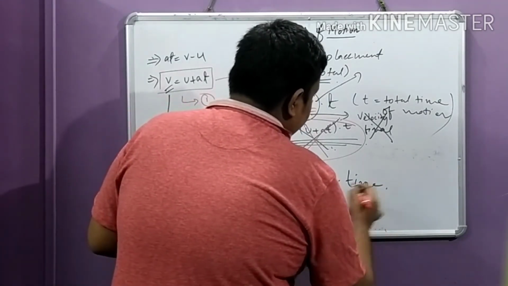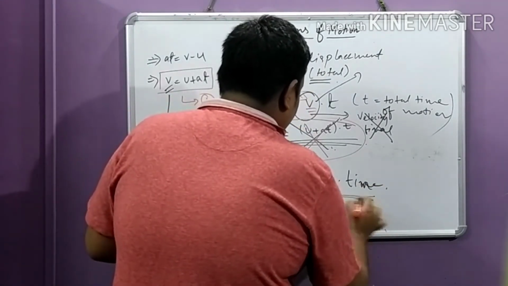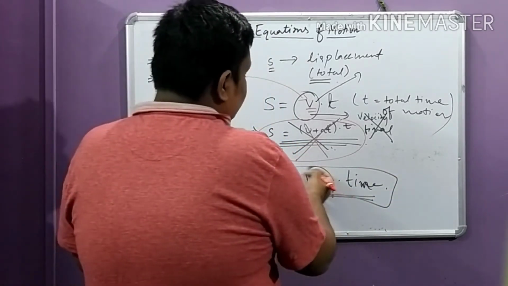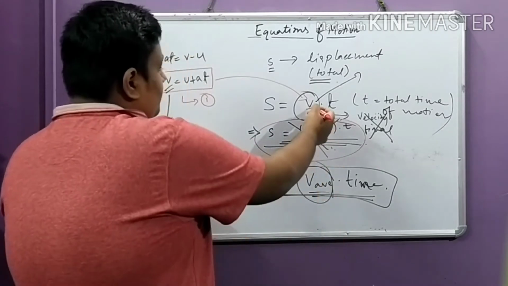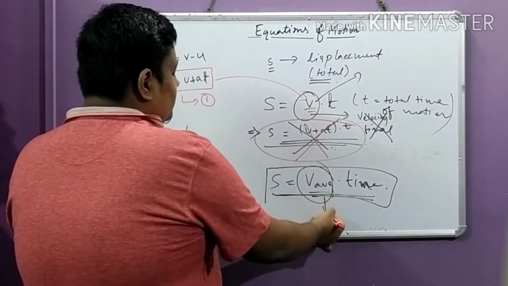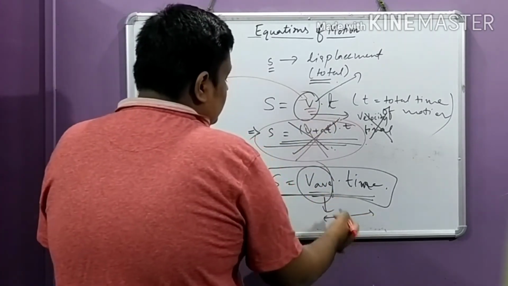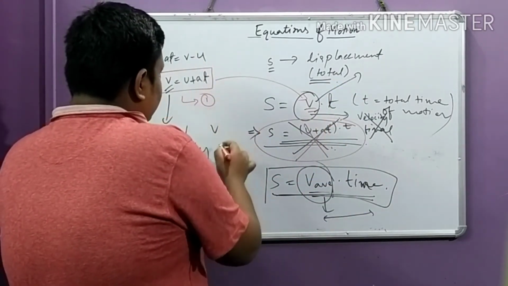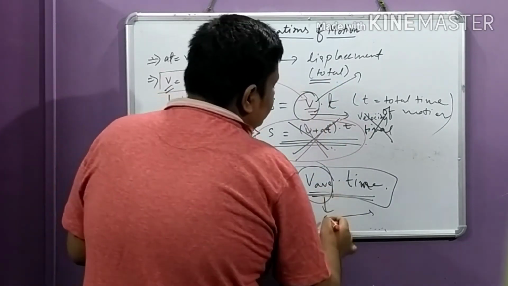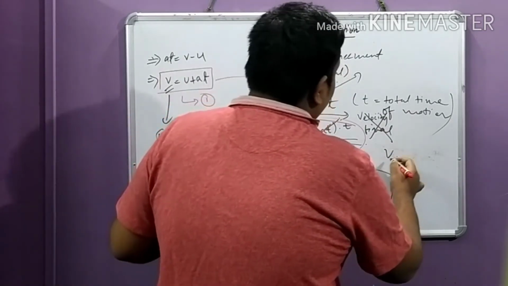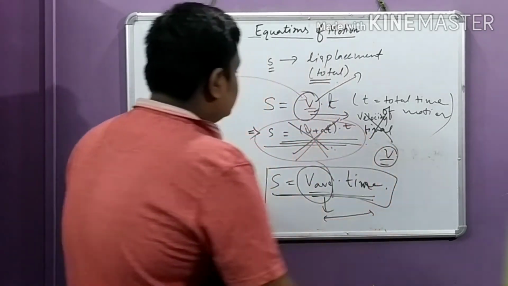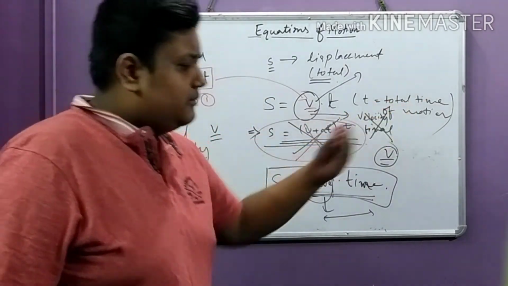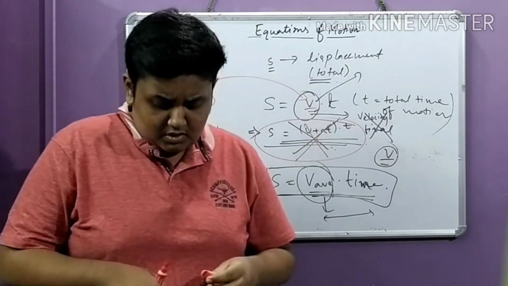When we consider this equation, we say that this velocity is constant. So for constant velocity throughout the motion, you cannot use the final velocity. Even if the velocity is changing, you have to use the average velocity so that it resembles the constant velocity throughout the motion.